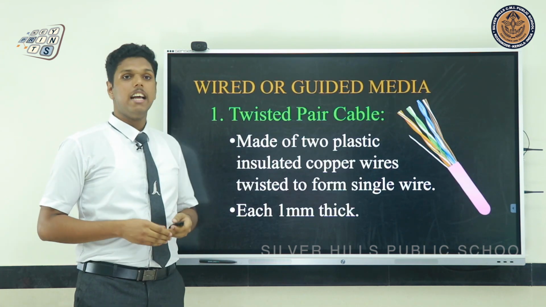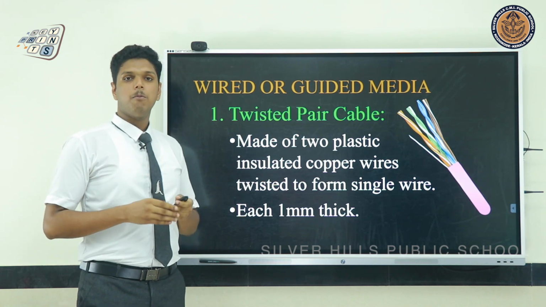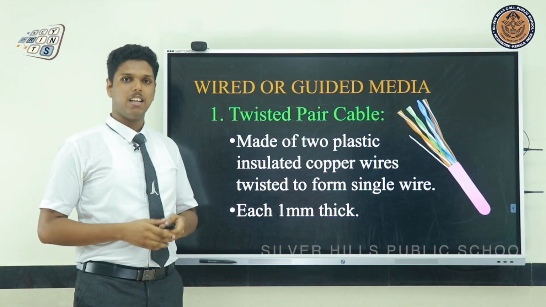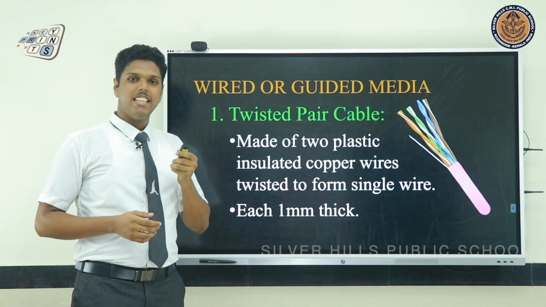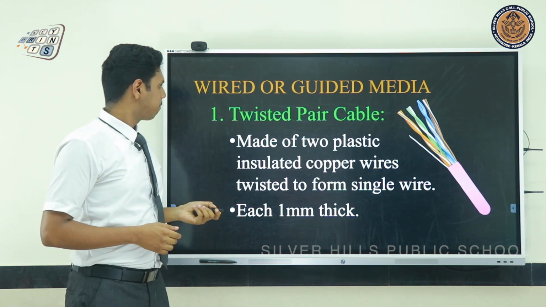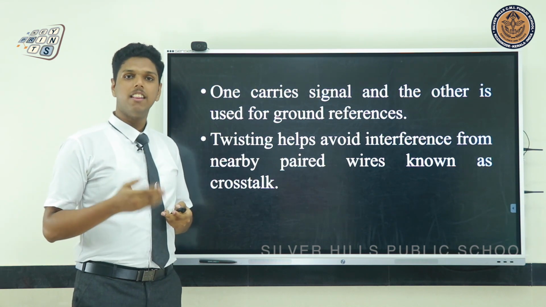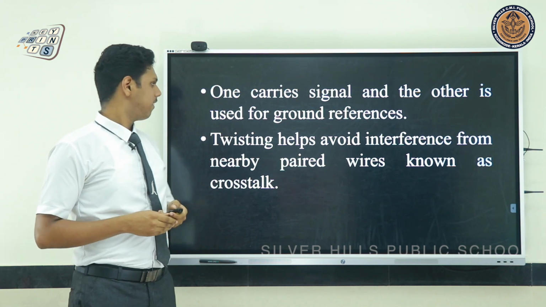The very first one, twisted pair cable. Twisted pair cable is made up of insulated copper wires which are then twisted in pairs to form a single wire. And what is unique about this wire is that each wire is just 1 millimeter thick. And one wire is used for carrying signals, whereas the other one is used for ground reference in order to secure the connection.